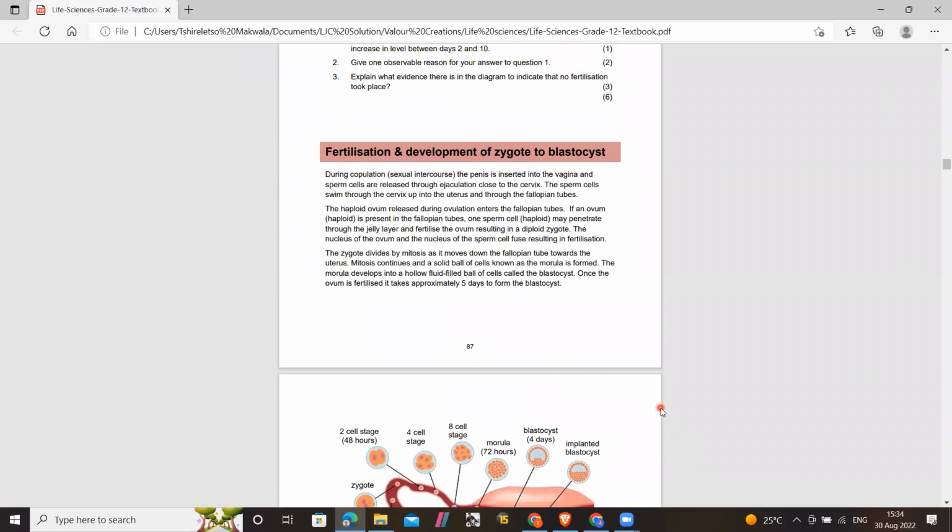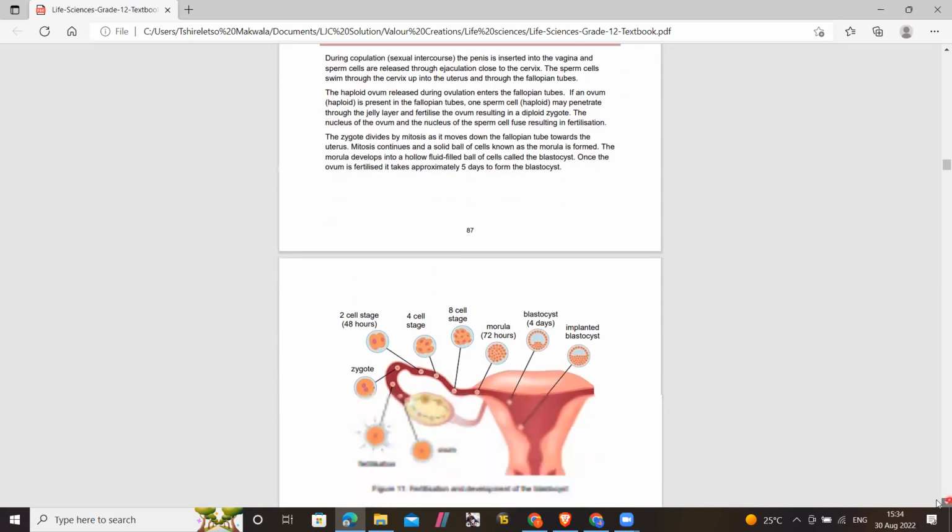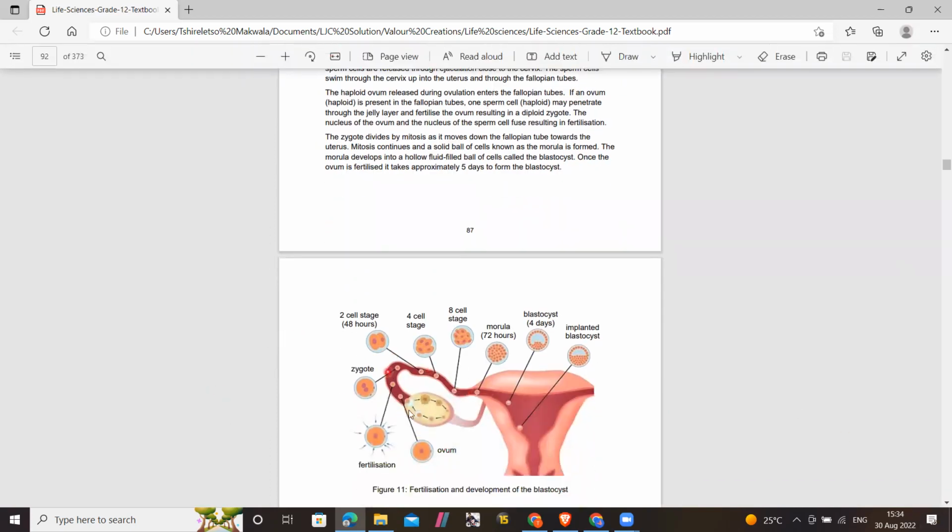The sperm is going to fuse with the egg cell, and they fuse here in the fallopian tube. This is where fertilization happens. So this fusing is called fertilization, where they combine to be together.